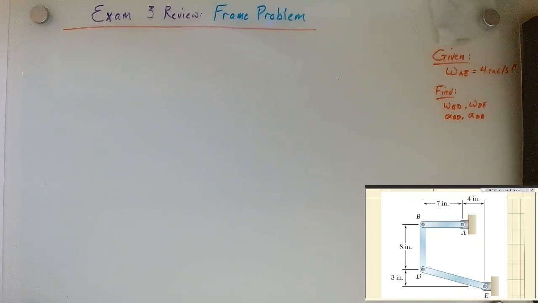We are told that bar AB has a clockwise rotation of 4 radians per second, and we are asked to find the angular velocity and acceleration for components, bars BD and DE.